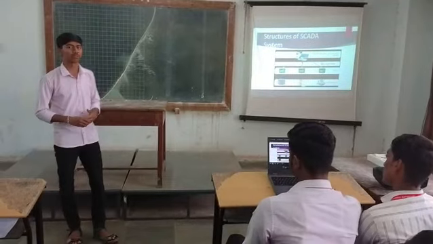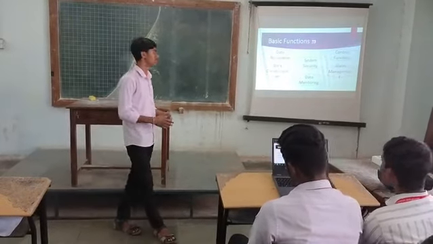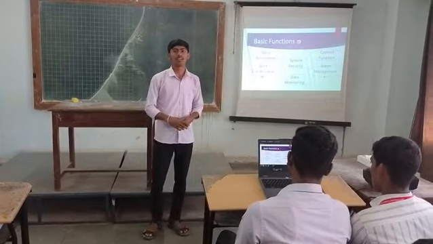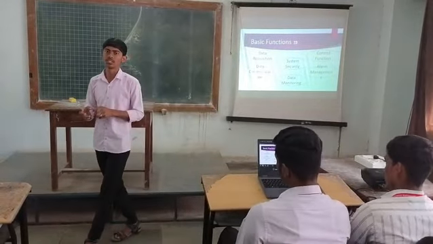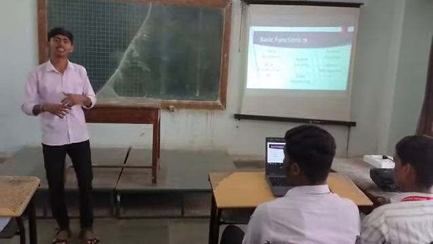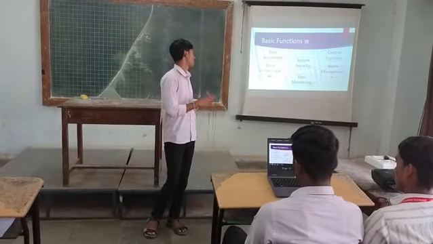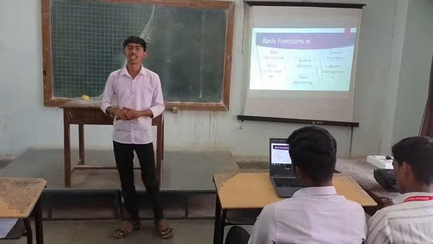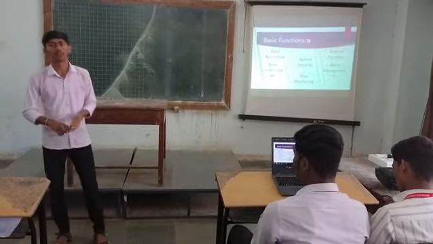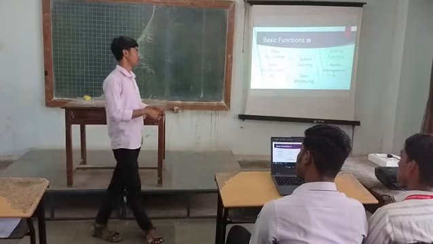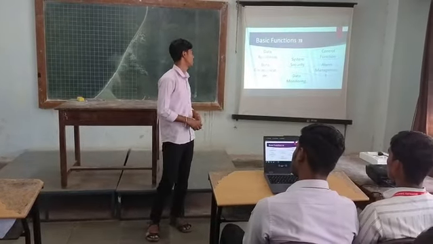After that, we are going to see the basic functions of a SCADA system. The sensors collect the data and give it to the PLC, and the PLC is connected to the SCADA software, which is called data acquisition. The communication channel, Ethernet, fiber optics and so on, is called data communication.